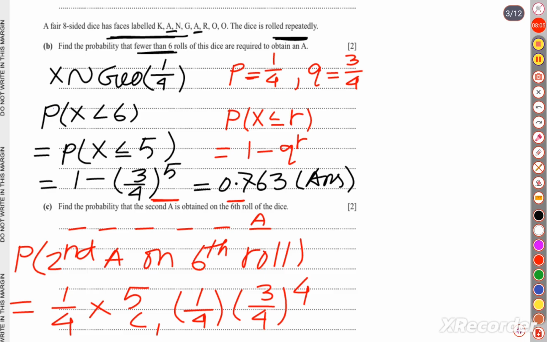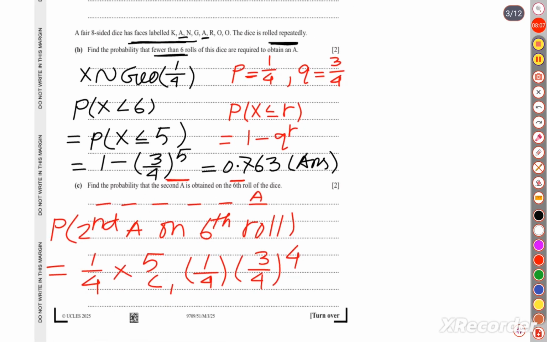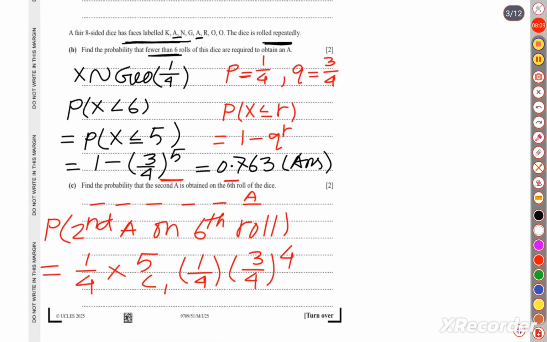Let's simplify this more. 5 choose 1 is actually 5. 5 will multiply 1 over 4. How many 1 over 4s are there? 1 over 4 is 2 times, so 1 over 4, 1 over 4, 2 successes and 4 failures, 3 over 4.